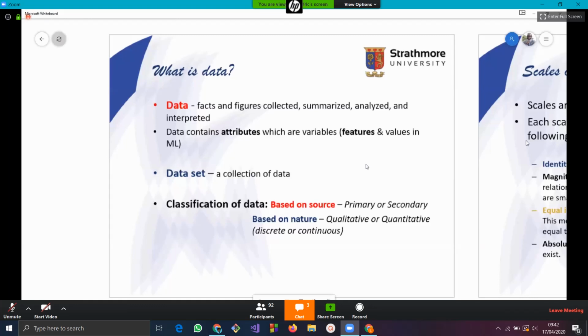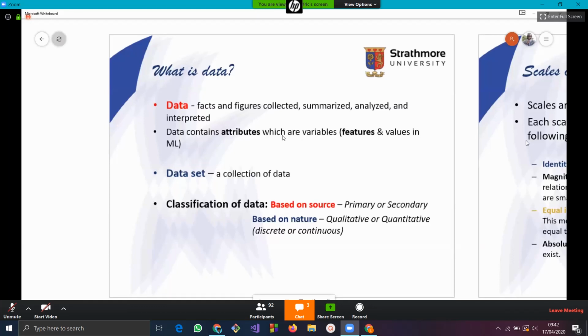So it can either be qualitative or quantitative data. Qualitative data just has things which are actually not numbers, and quantitative data are actually numbers, which can be discrete or continuous. So you don't have to cram those ones. Those are just things to follow up.